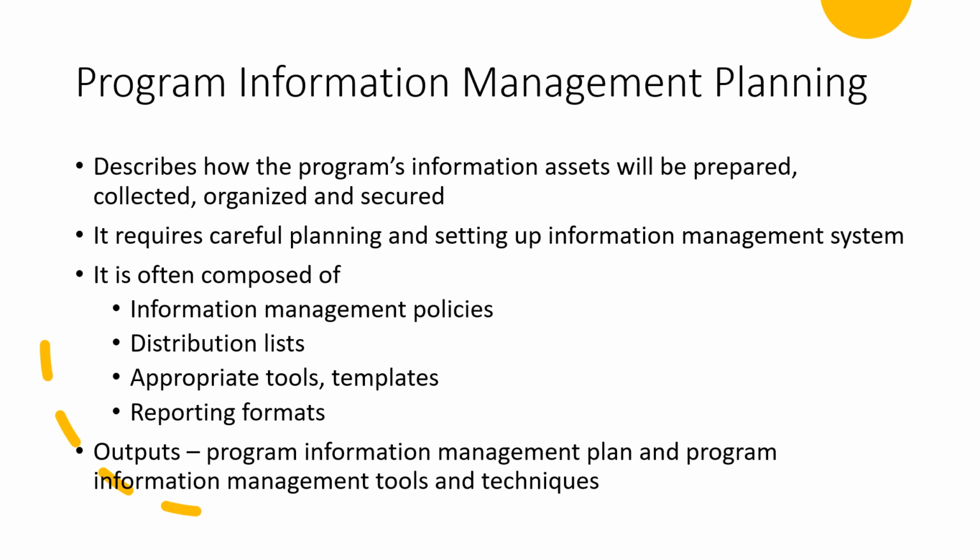The program information management system is often composed of information management policies, distribution lists, appropriate tools, templates, and reporting formats. All these things will be part of the program information management plan. The outputs of this exercise are the program information management plan and program information management tools and techniques. These are the two main outputs of program information management planning.